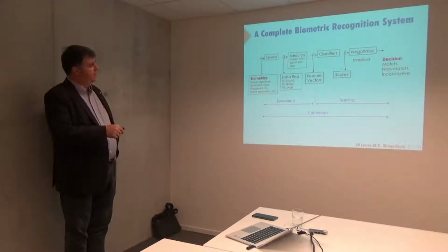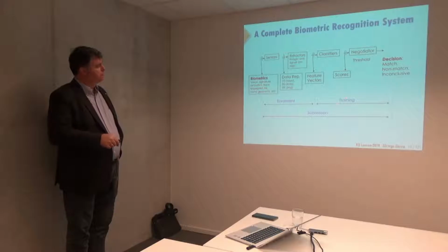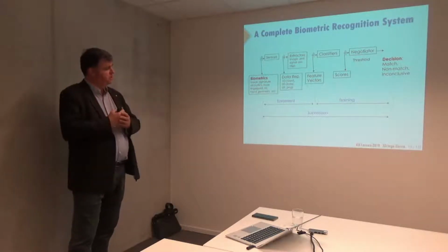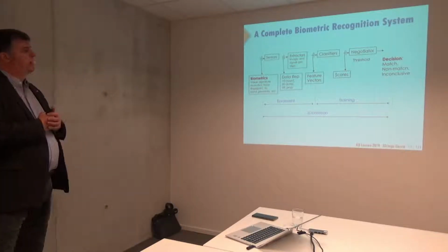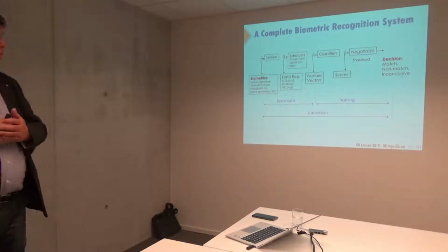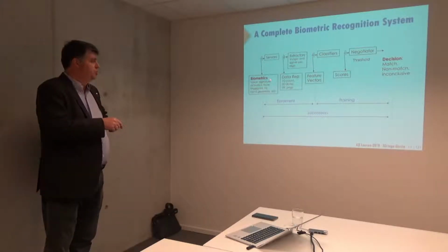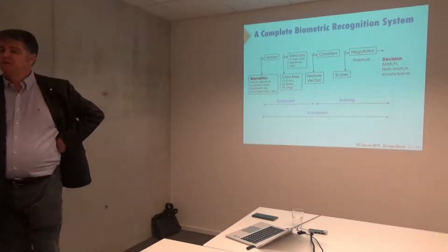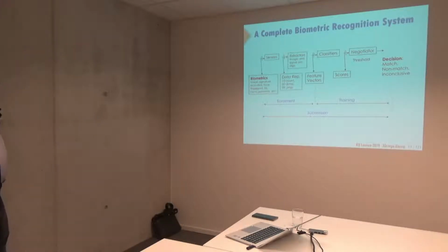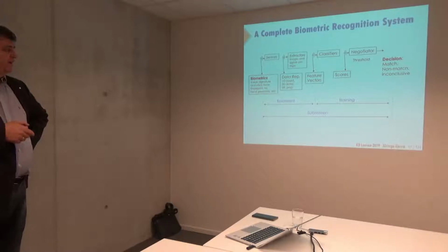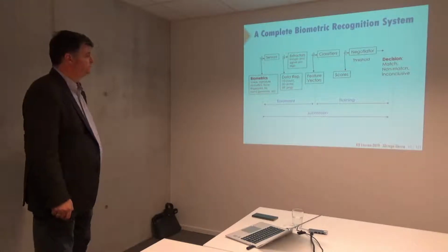This is more or less the block system of a full biometric recognition system. Here you have the sensor with which you take the trait: sensors, sensing, video camera, fingerprint sensor, whatever.